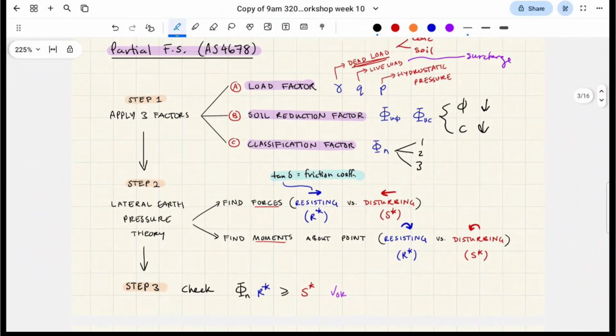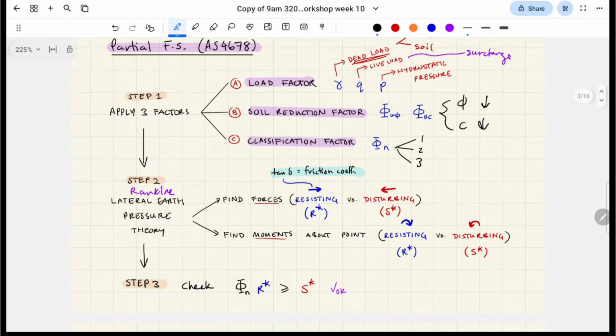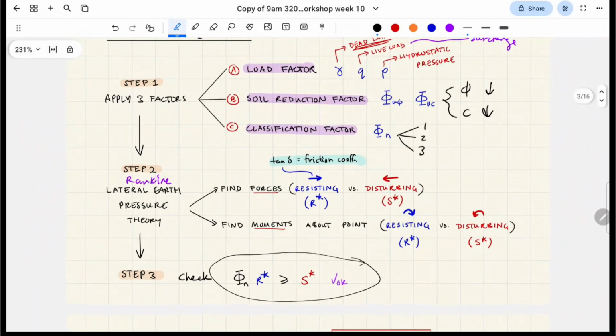Okay, and then we continue on with our lateral earth pressure theory, specifically Rankine's theory, which I'll talk about. We do a very similar process to what we do for global factor of safety. And then at the very end, we have this equation, which is specific to the partial factor of safety method.